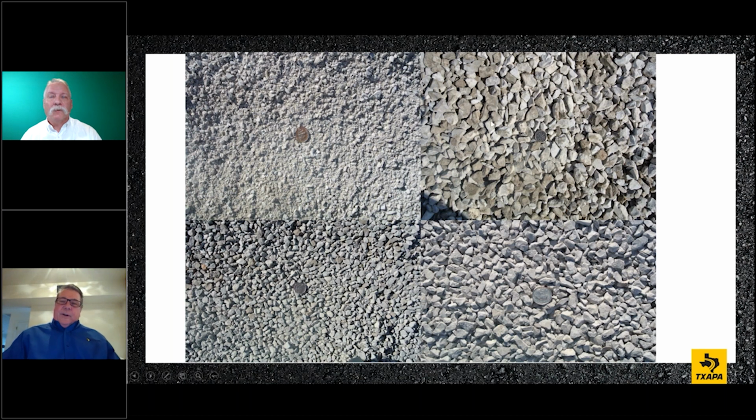You can see the angularity. And when we combine these aggregates, we're going to combine them into a structure during the mix design. What we're doing is combining to gain structure with the aggregate. That's real important, and it's through sieve analysis that you can do this and create a really good, durable mix design.